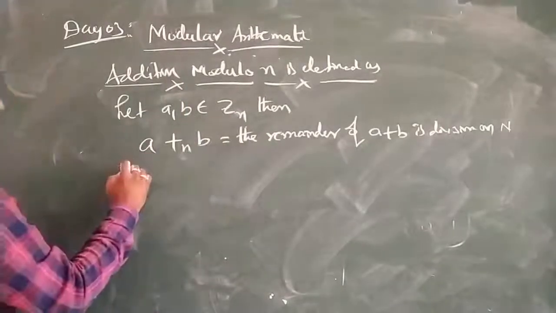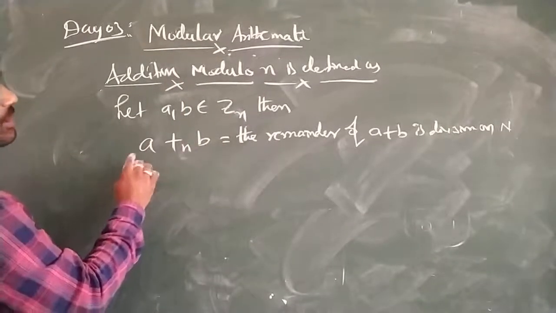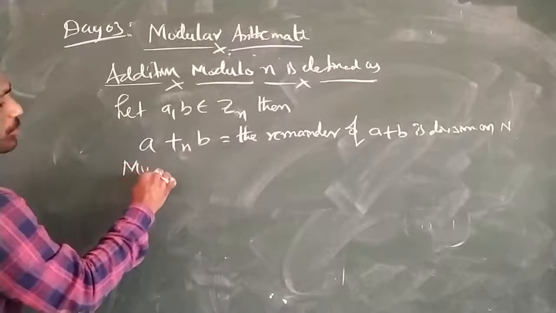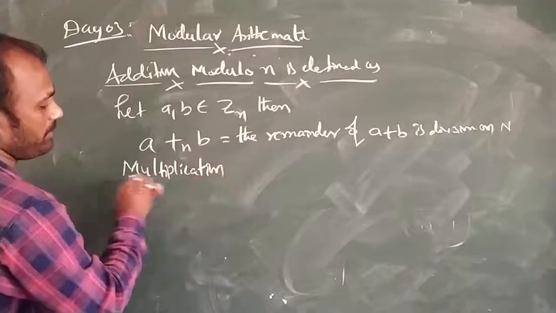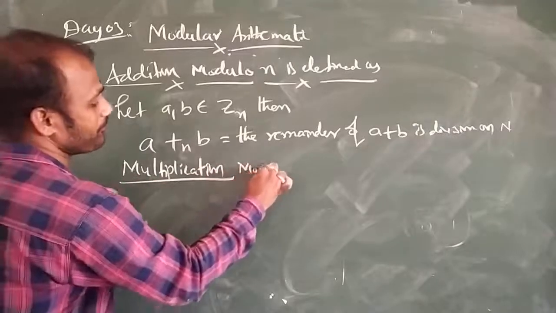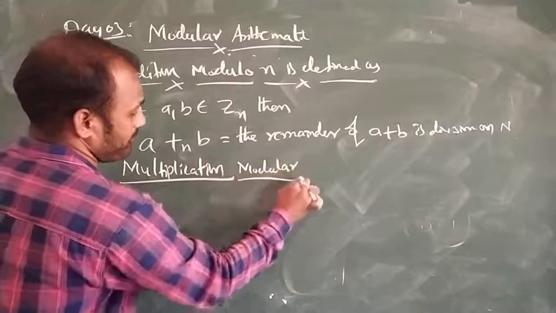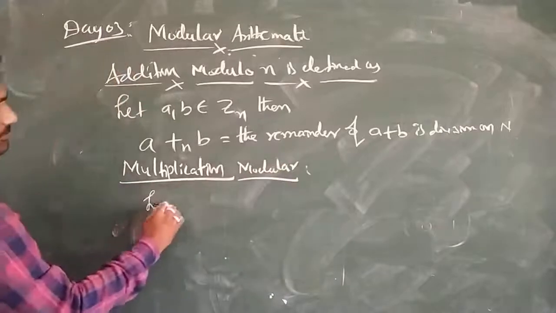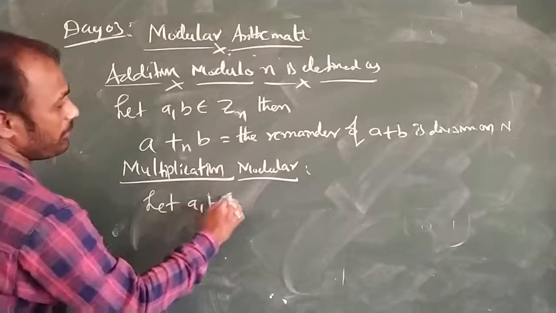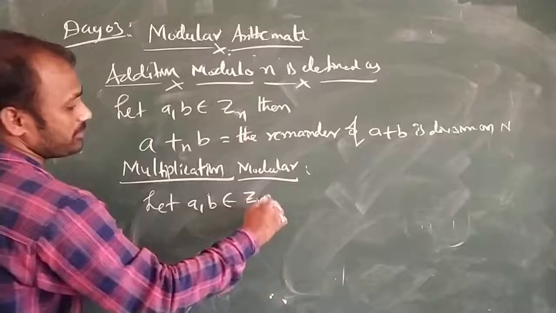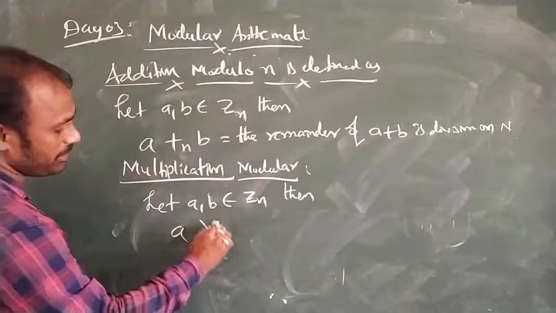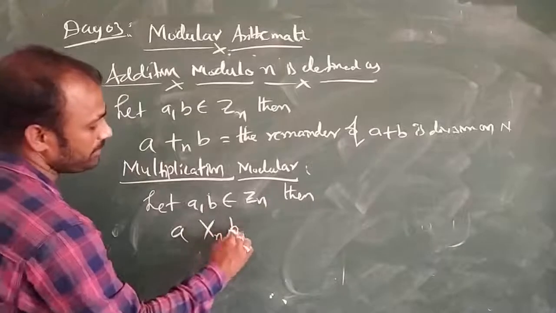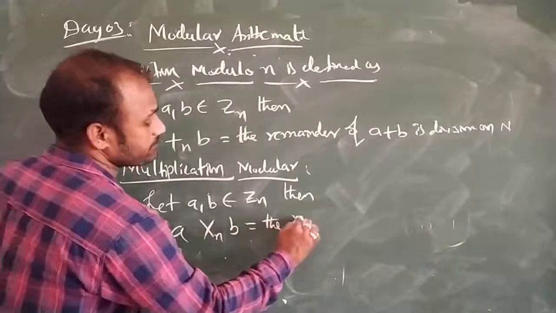Next, this is about addition modulo. Next, multiplication modulo. So we have only two types, addition modulo and multiplication modulo. Let a, b belong to Z_n, then multiplication modulo is denoted by times n.